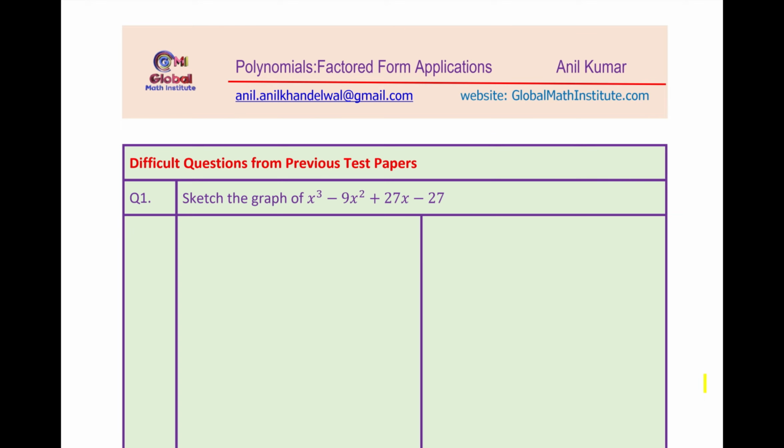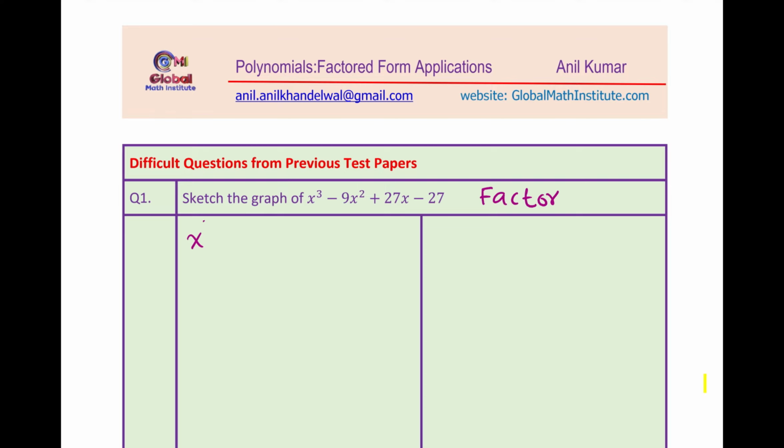Now let's begin with the solution of the very first question. Sketch the graph of x cubed minus 9x squared plus 27x minus 27. To sketch this graph, we need to factor the equation, right? If you factor, it'll be very easy to sketch the graph.